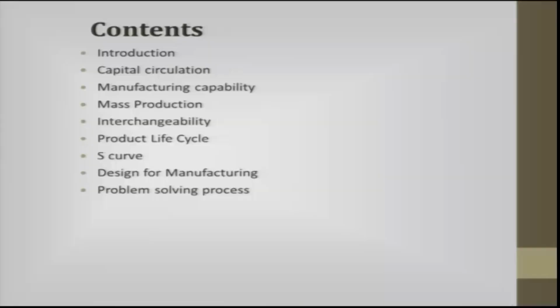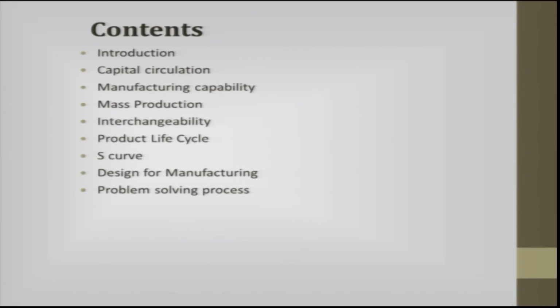So, today we will move to lecture 2, wherein we talk some more, a little bit of fundamentals of manufacturing, wherein we keep at the back of our mind all our focus towards product development. So, in this slide we will try to have an introduction, then capital circulation, which is very important, because when we try to do a product you should also understand what is the capital which is involved, how do I get it out or something like that.